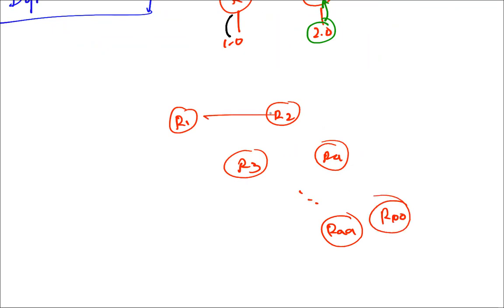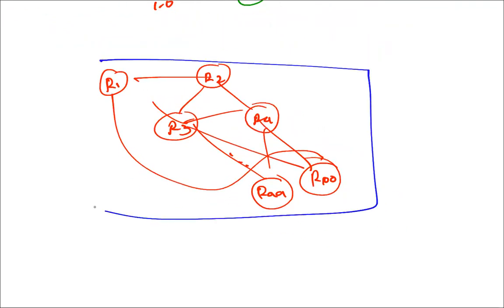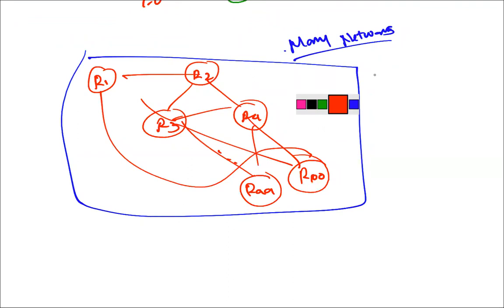All these routers are so complexly connected, connected like this, like this. If you have 100 routers, you're going to have many networks. With this many networks, can we configure static routing?